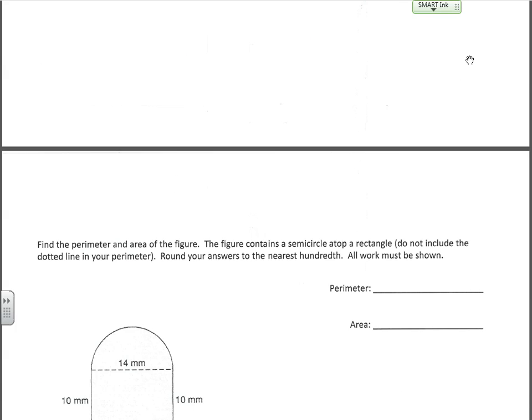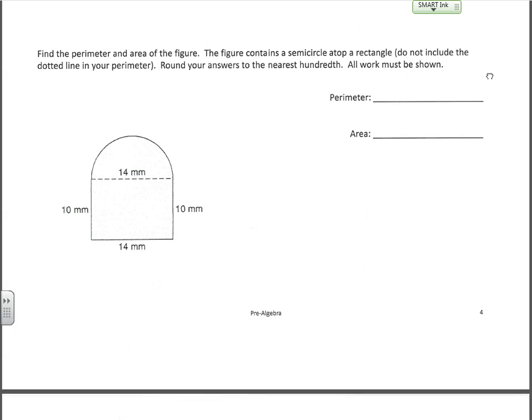All right. Perimeter area. So the first 3 packets were primarily rectangle shapes. They were irregular shapes, but rectangular shapes. Here we introduce that curved side, that semicircle. And like the others, we're looking for the perimeter and the area.